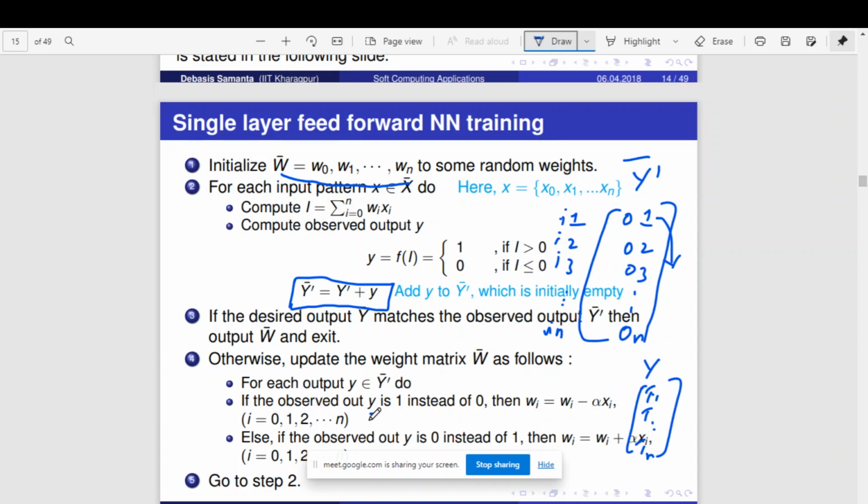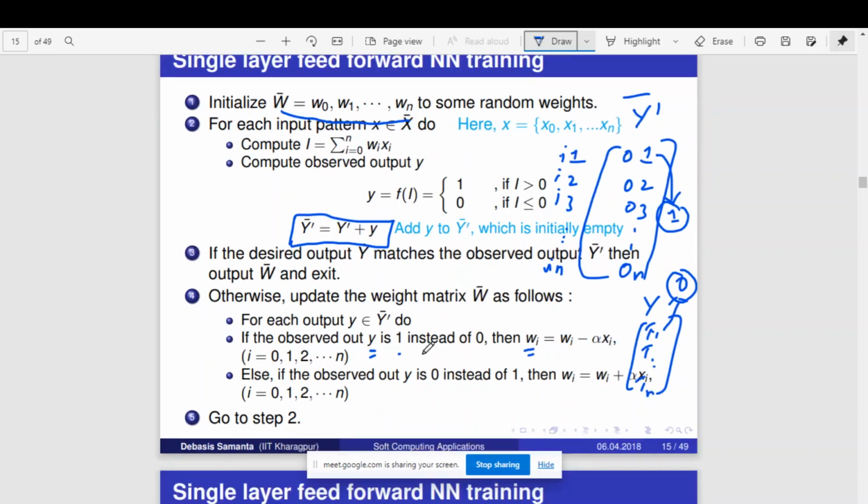If the observed output is 1, but in the true output it is 0, it means this should be decreased. Whatever our network is providing is higher, but it should be lowered. So we decrease the weight: wi is equal to wi minus axi. That particular weight we will decrease.